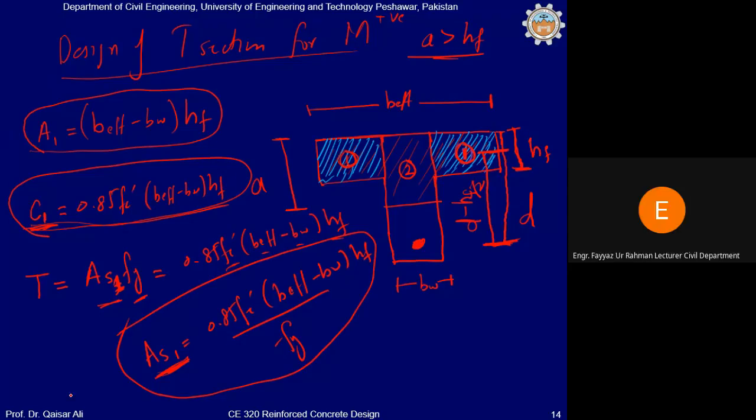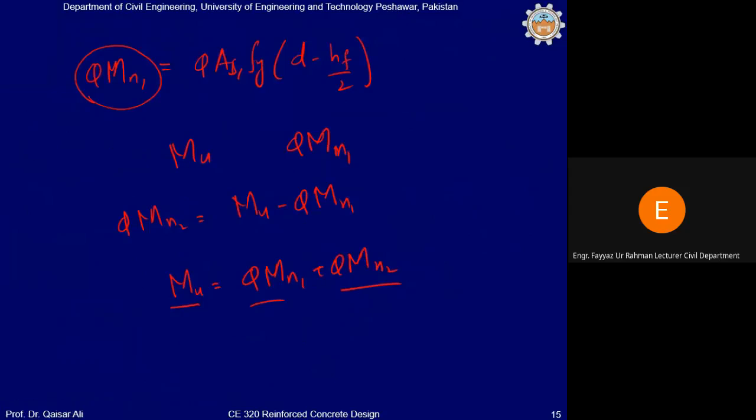Yes, sir. अच्छा अब corresponding to area 1 तो आपने कैलकुलेट की, तो इससे आप the extra moment which will be carried by the web portion, you can calculate that from this equation. So phi Mn2 will be equal to Mu minus phi Mn1. phi Mn1 आपने already calculate किया है, Mu से ये subtract करें, from this you will get phi Mn2, or you can say that it will be equal to Mu2 or Mu extra, जिस तरह हम डब्ल्यू इनफोर्स में करते थे.